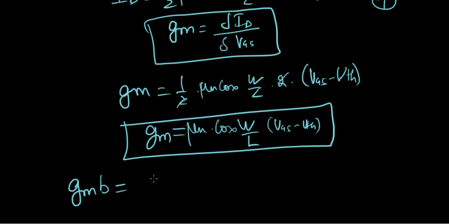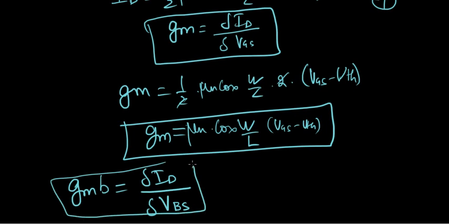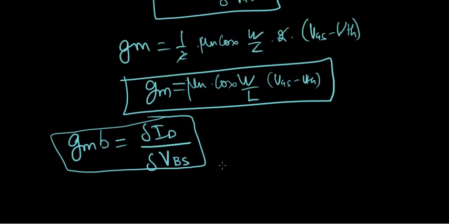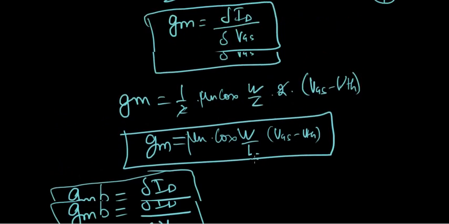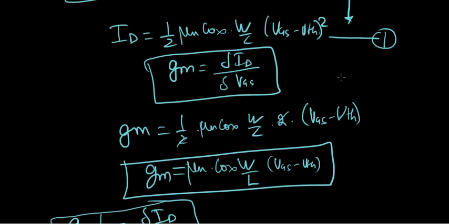The same change in drain current to the change in the bulk-to-source voltage. That's all it is. So that's the body effect. If we differentiate equation 1 again with respect to VBS, let's see what we get.